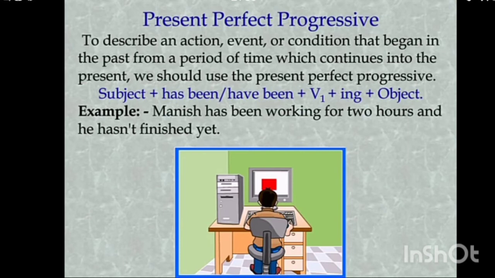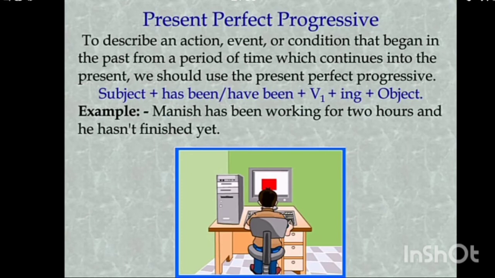It will always have a subject plus has been or have been. We will choose has or have depending on the person for which we are writing the sentence. With a third person singular noun or pronoun, we will be using has, and with others we will be using have.